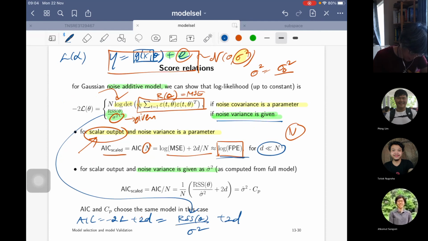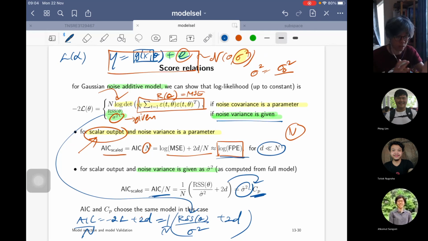And again, if I consider the scaled version, dividing the whole thing by n, it is actually sigma hat square times Cp. In that case, using AIC and Cp will pick the same model because they are equivalent in this case.